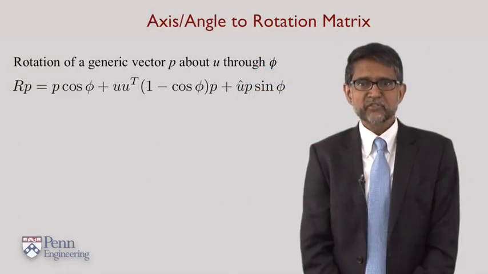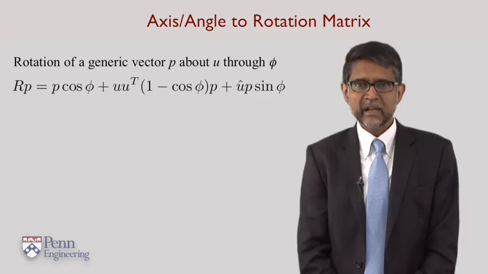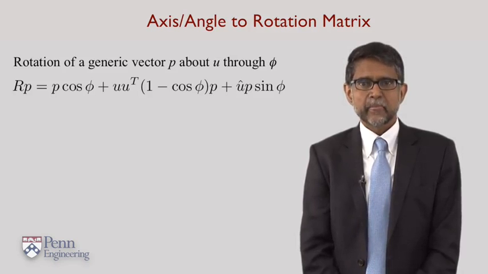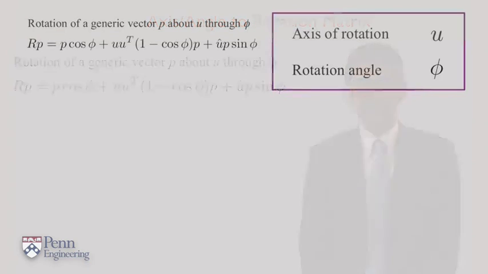So the rotation of a generic vector is given by the right-hand side, the formula we just derived. If you remove the vector p from both sides, you essentially get an expression that depends only on the axis of rotation and the angle of rotation.